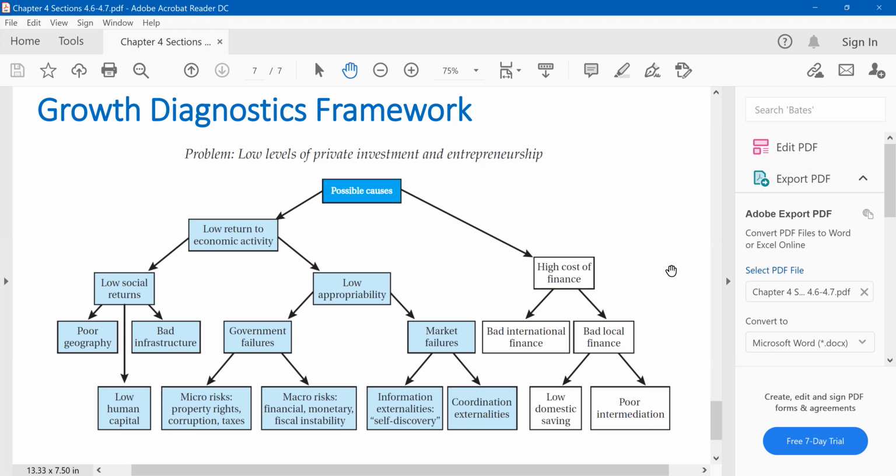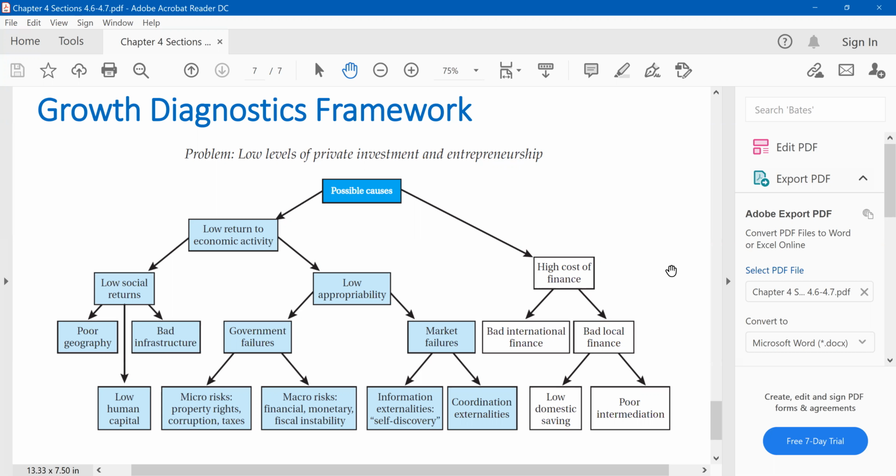Then for low appropriability, we also have market failures, right? And in the market failures, one is the information externality we just discussed. So you have to pay the self-discovery costs, and this decreases your profit. This decreases your appropriability.